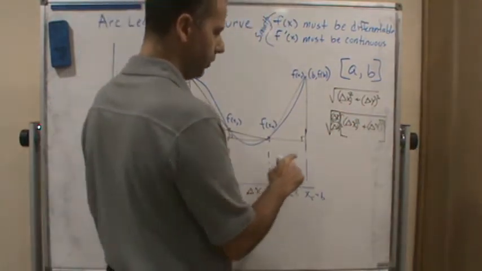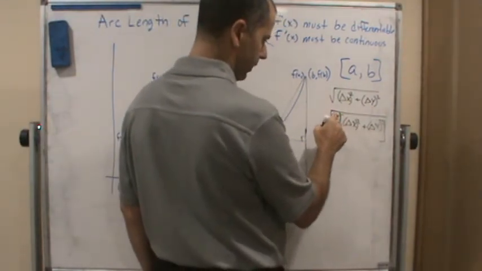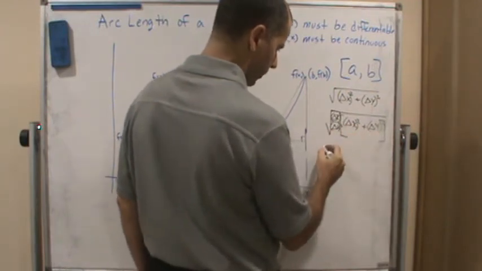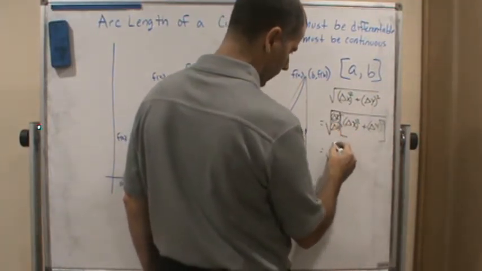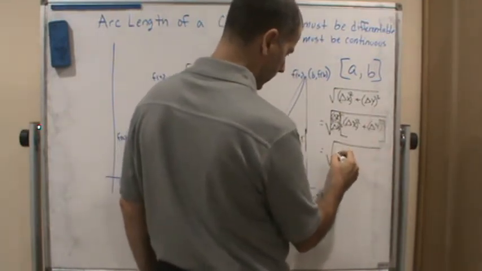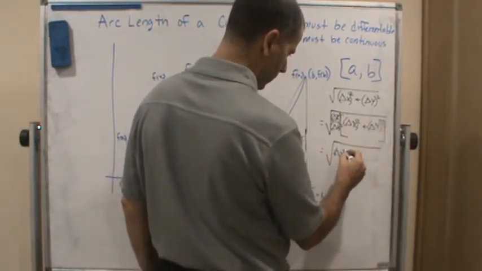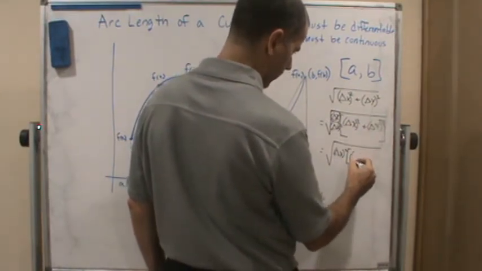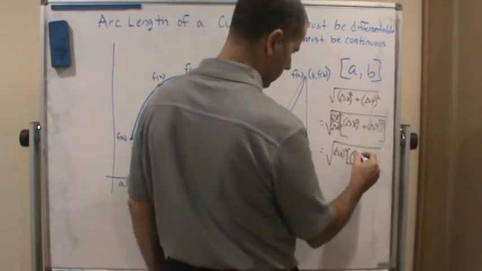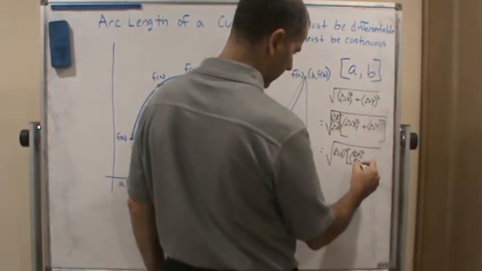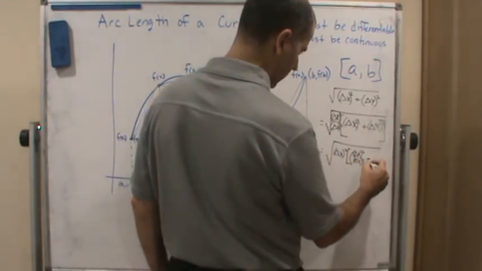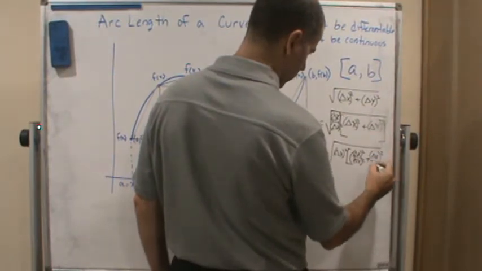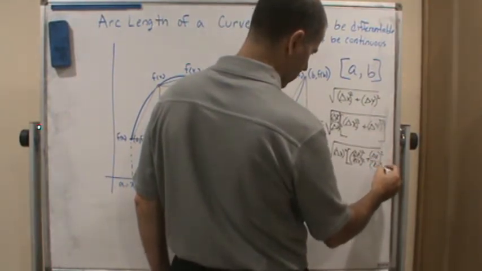Okay, so what I'm going to do is leave this delta x squared here, and distribute the denominator across, so that what I get is delta x quantity squared times delta x quantity squared over delta x quantity squared plus delta y quantity squared over delta x quantity squared.